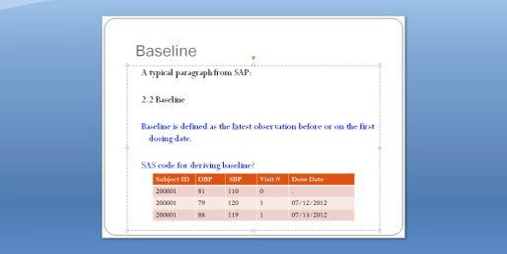One group is before or on the first dosing date, and the other group is after the first dosing date. By separating these two groups, you can compare which one is the last observation. So you're literally looking at the observation that happens before or on the first dosing date.